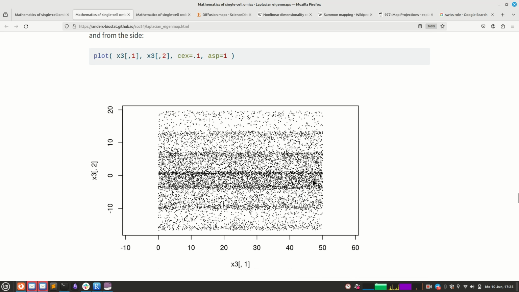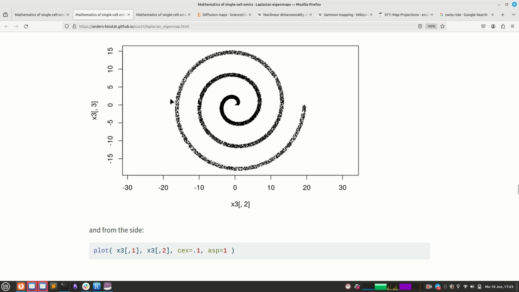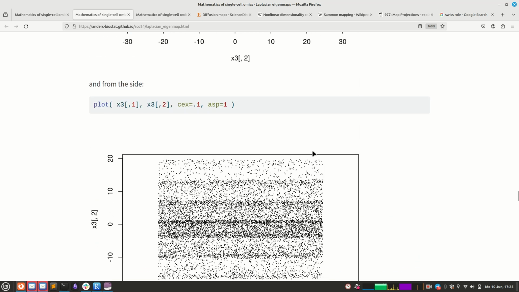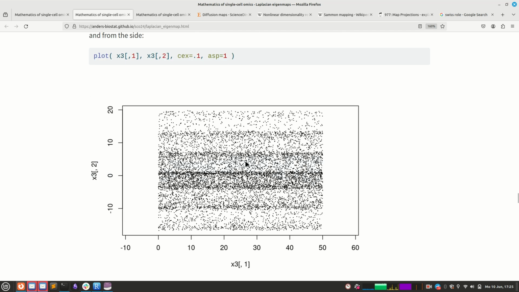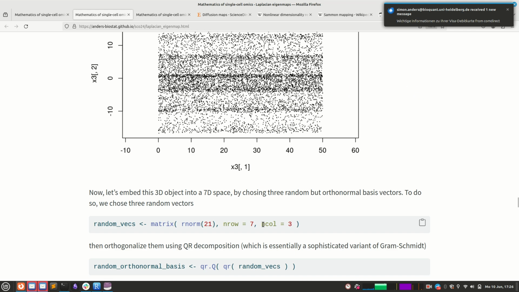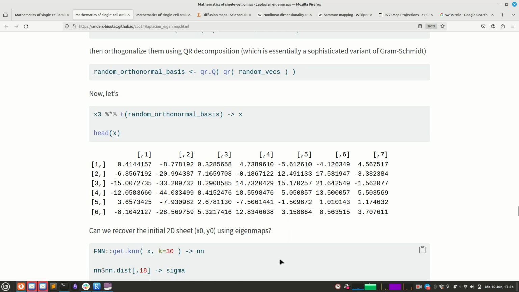So this is what used to be the x coordinate of my sheet, and the y coordinate of my sheet has now turned into the spiral. And from the side you can see here, of course, it's densest because in projection I'm looking at several layers, and here it's less dense. And now I can take these three-dimensional things. I might do it even a bit more complicated by embedding this three-dimensional Swiss roll in some strangely angled way into, say, seven-dimensional space.